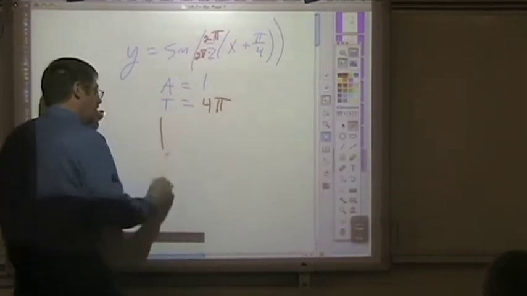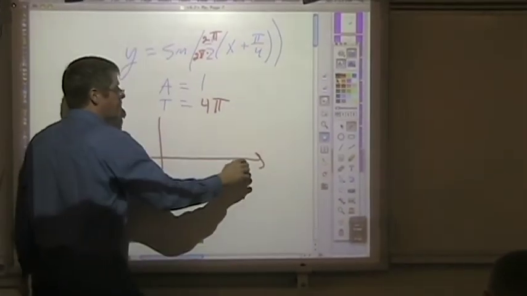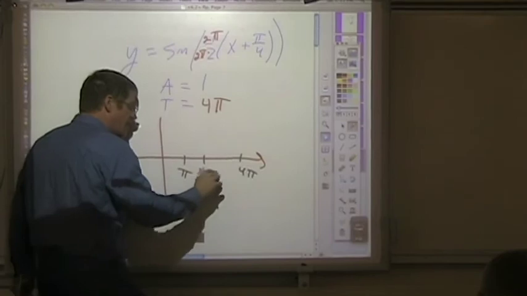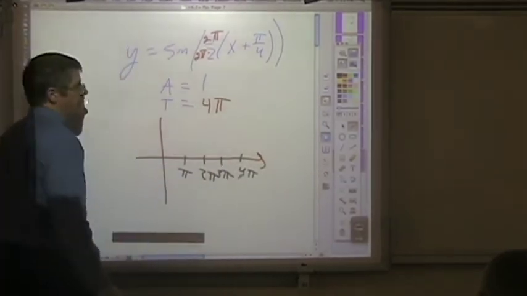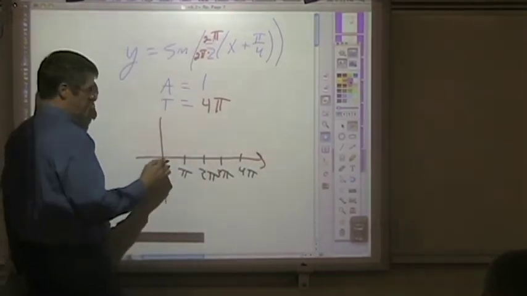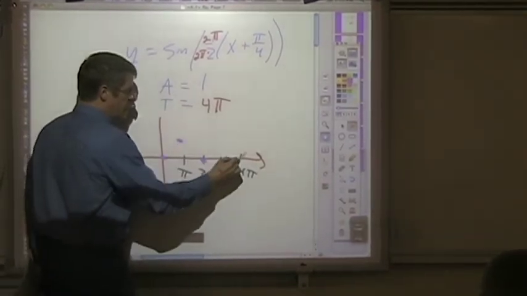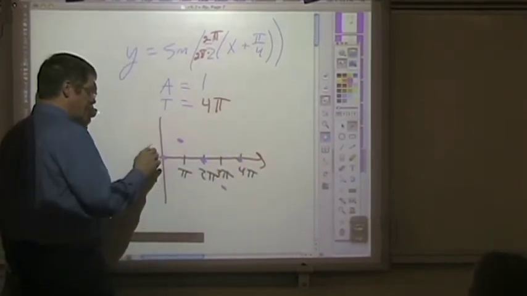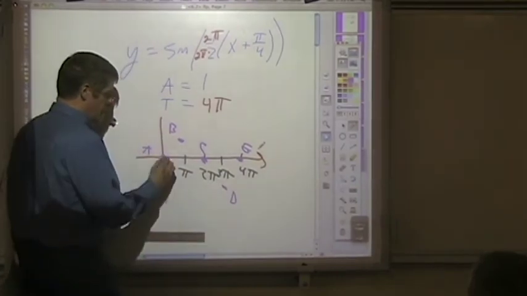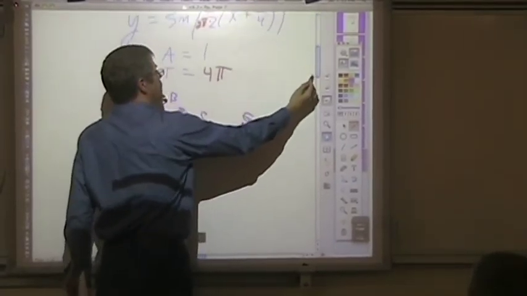So now let's go ahead and do this. Let's take the period of 4 pi, cut it in half again, multiply by 3. And that gives us 5 purple golf balls starting I mid, max, D mid, min, I mid. I'm going to label these A, B, C, D, and E. And those are the unshifted golf balls.